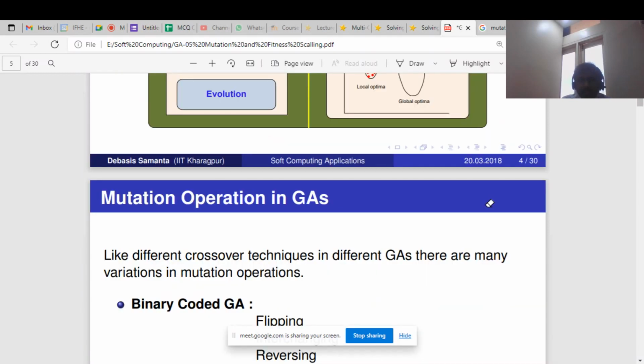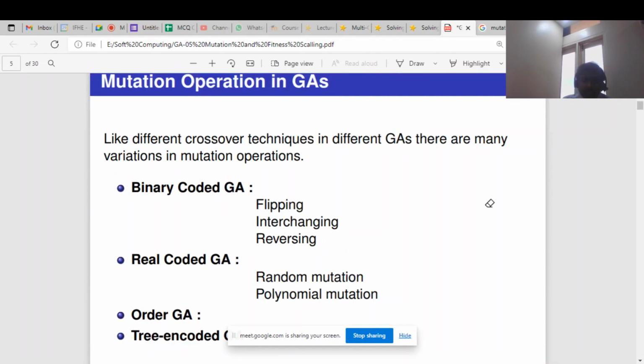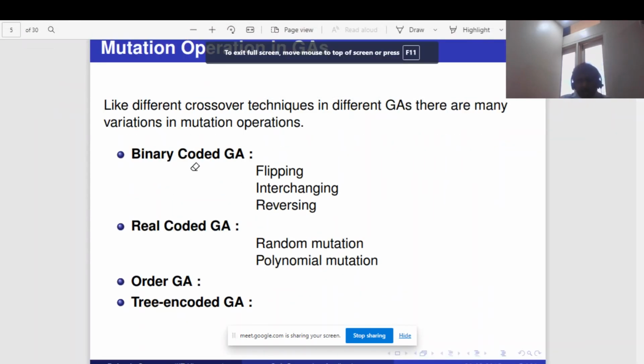Okay, so we have different mutation techniques for different types of GA. For example, we have already discussed the various encoding techniques: binary coded GA, real coded GA, ordered coded GA, tree encoded GA.